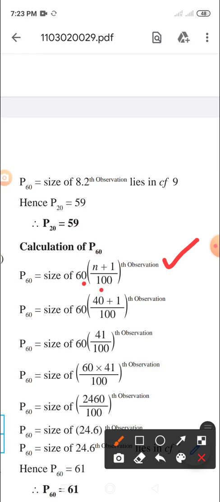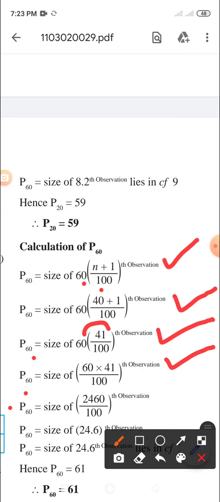The value of n is 40, so 40 plus 1 is 41 upon 100th observation. So P60 is equal to size of 60 into 41, multiplication of 60 and 41, upon 100th observation.